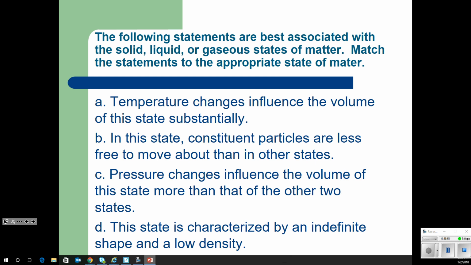The following statements are best associated with solid, liquid, or gaseous states of matter. So I'm going to have you do solid like this, that's an S. L for liquid. And gases this way, G in sign language. So I want you to show me which you think this is. Okay, so the first one. Temperature changes influence the volume of this state substantially.